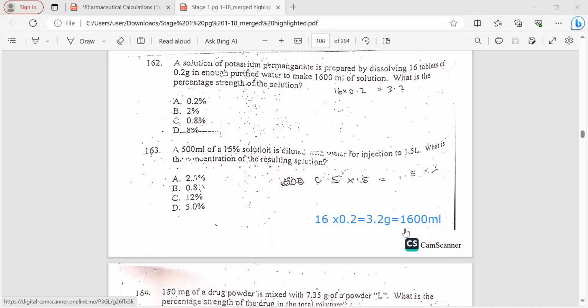Si ndio hiyo eraser hapo hivyo. Hiyo raba hapo juu, hiyo eraser. Hiyo next to draw. Mimi naniambia next to draw, na mimi natumia hapa laptop ya miaka ya mkoloni.